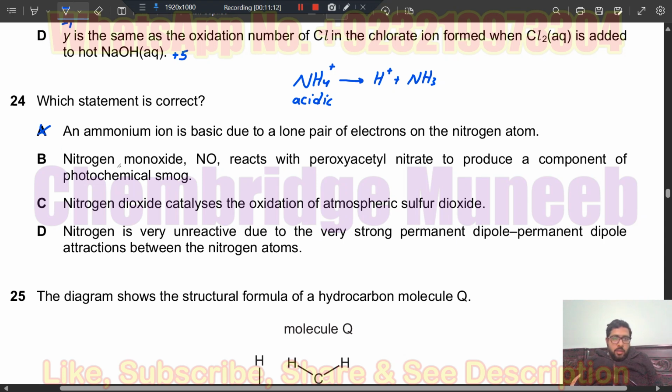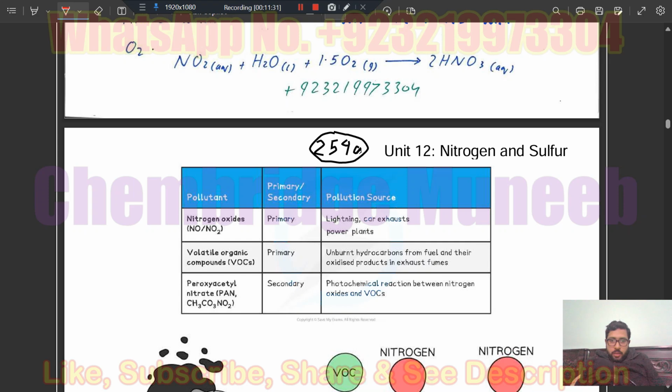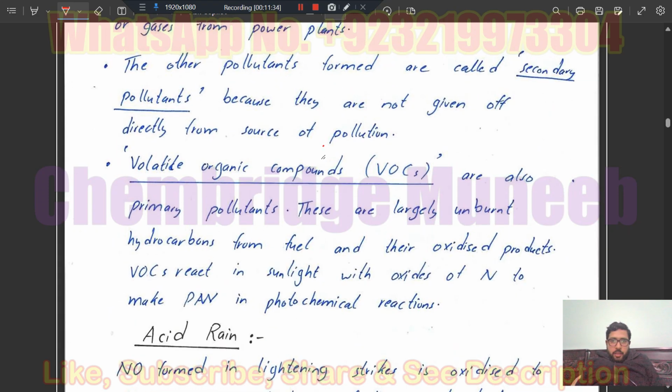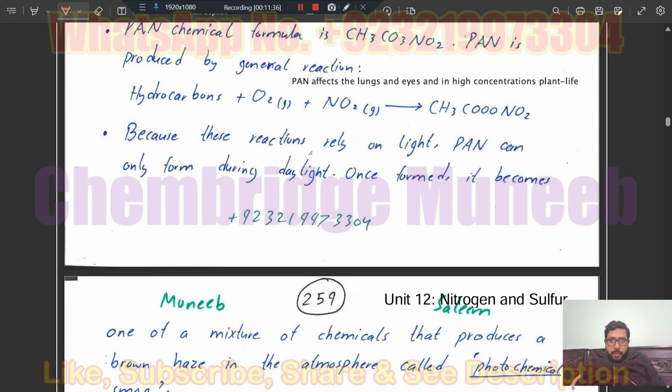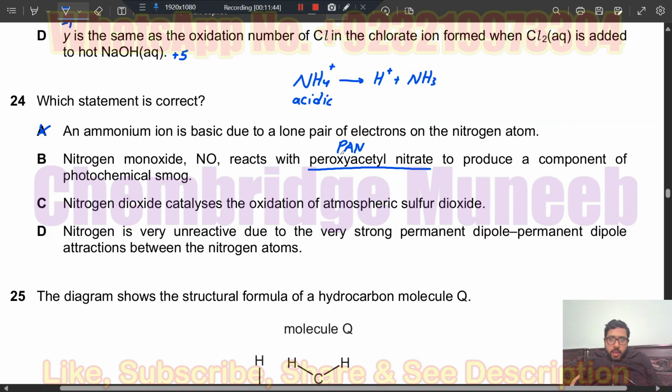Statement B is that nitrogen monoxide reacts with peroxyethyl nitrate to produce a common photochemical smog. Peroxyethyl nitrate is basically PAN, and its chemical formula is written in my notes: CH3 C triple O NO2.